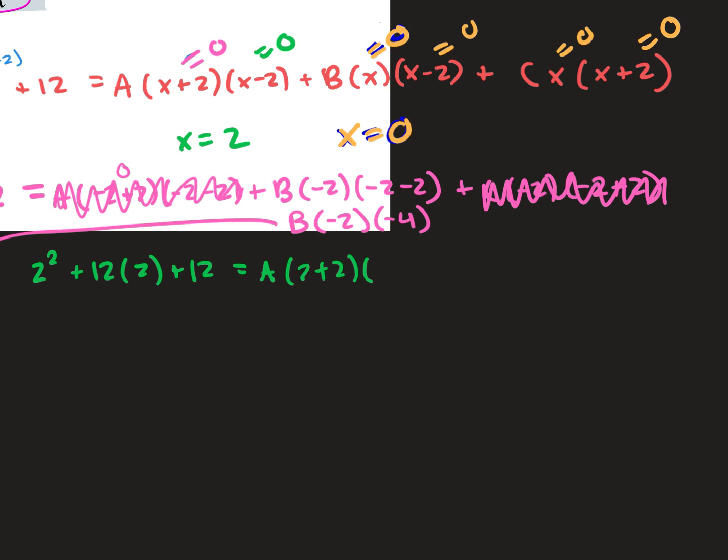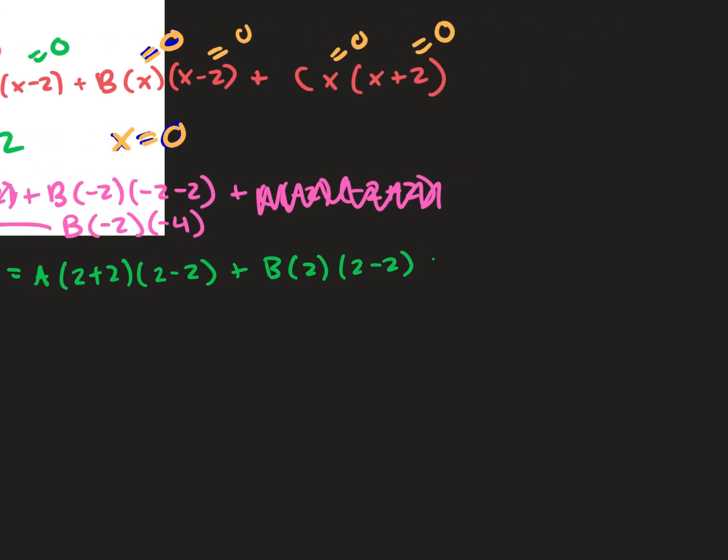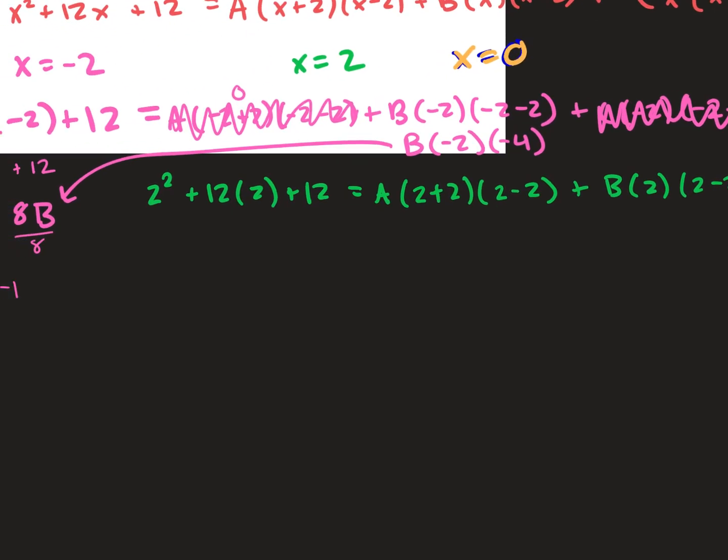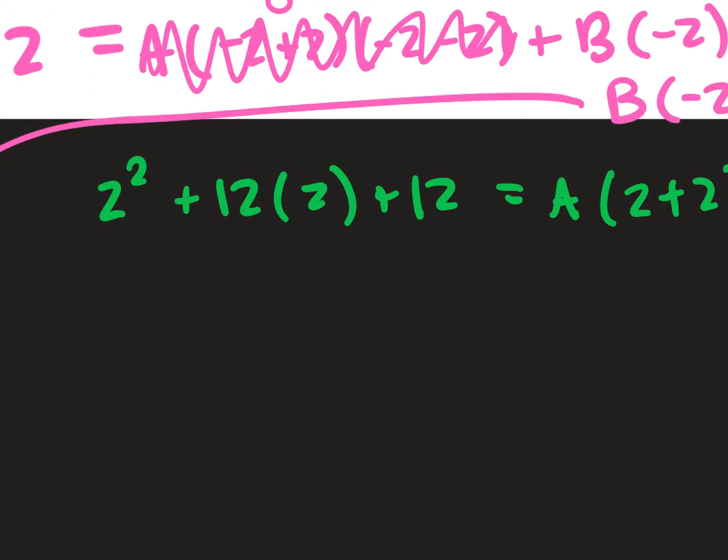So 2 plus 2 times 2 minus 2 plus b times 2 times 2 minus 2 plus c times 2 times 2 plus 2. All right, so on the left side, 2 squared is 4 plus 24 plus 12. So this would be 30, 40? 40.